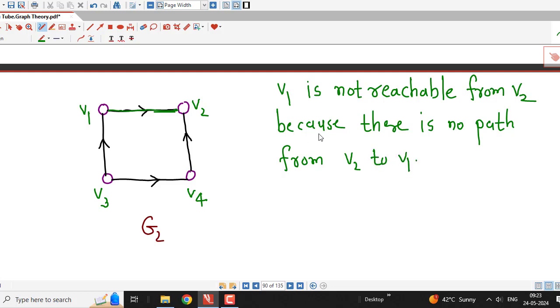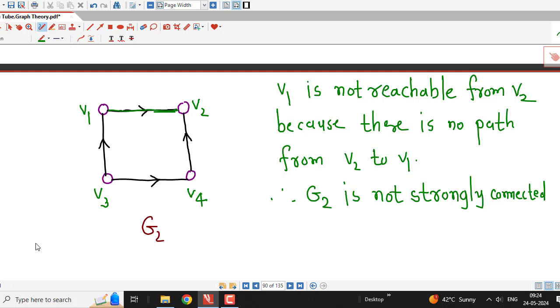So we have obtained one pair of nodes V1 and V2 such that both the nodes are not reachable from each other. Here V2 is reachable from V1, but V1 is not reachable from V2. Therefore this graph is not strongly connected. If it is strongly connected, then for every pair of nodes we must have both the nodes reachable from each other. Therefore G2 is not strongly connected.